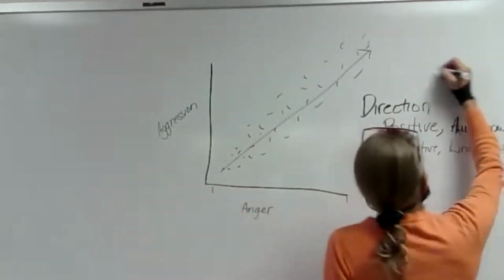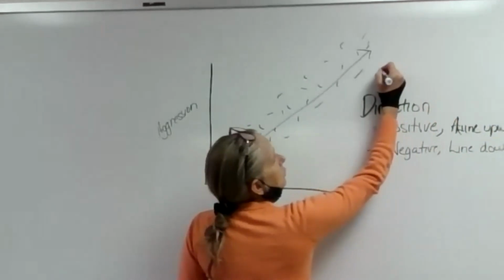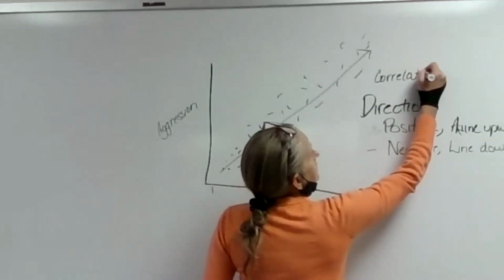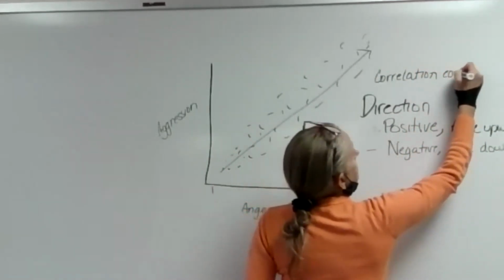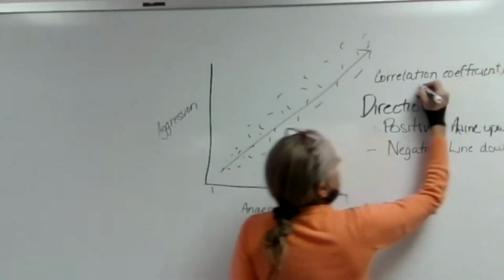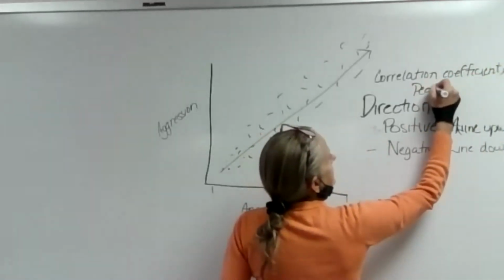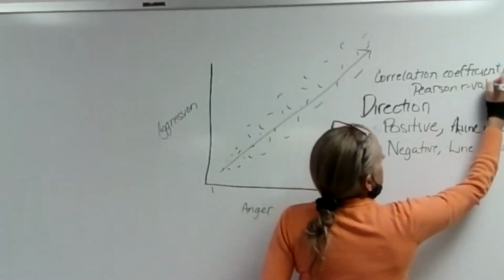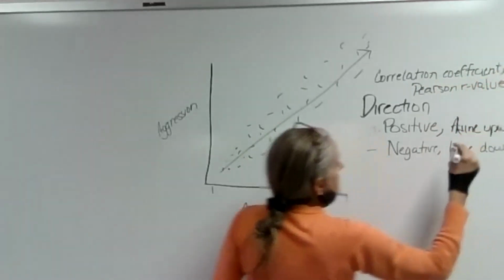And it's measured in something we call the correlation coefficient. The test is the Pearson R value. And it might look something like this.